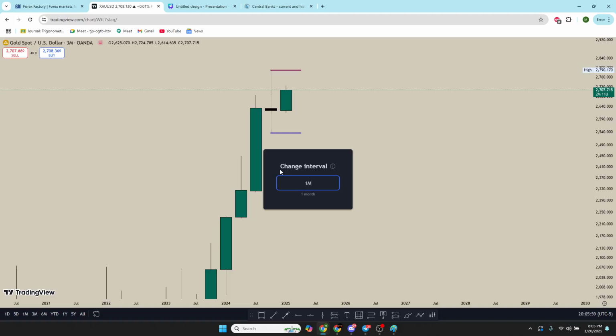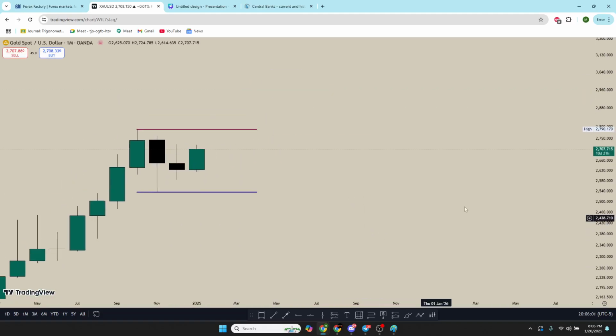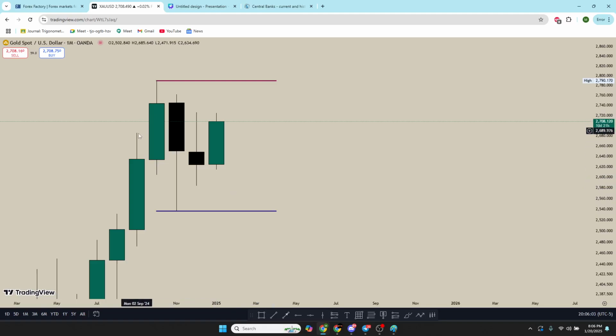Going down to the monthly, as you can see, 1, 2, 3, swing high, 1, 2, 3, swing low. So we're in between a swing high and a swing low. This swing high, as you guys know, is a buy side liquidity pool.